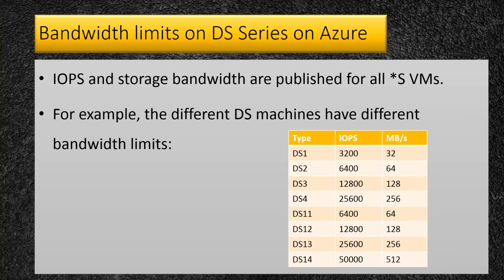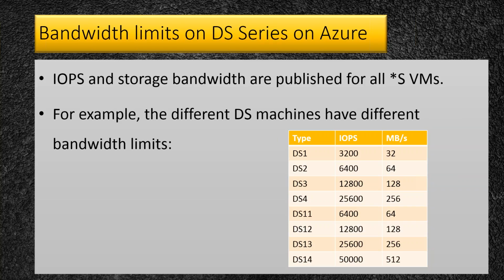Another reason why for high performance you only want to deploy on the star S machines, so DS, GS, or FS, is because IOPS and storage bandwidth are published only for the star S machines. On a D1 machine, they don't publish IOPS or megabytes per second limits per volume, but they do publish them for the DS1 machine.